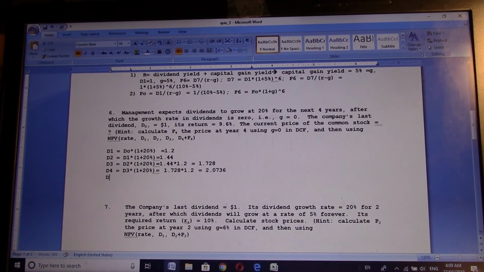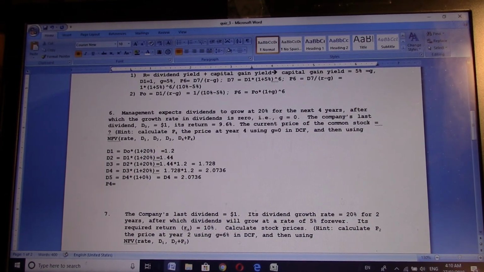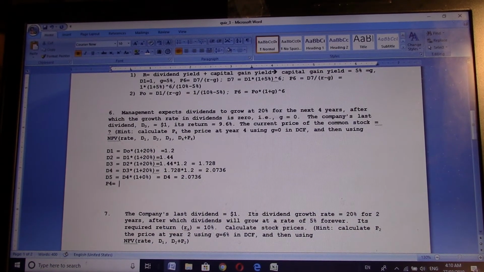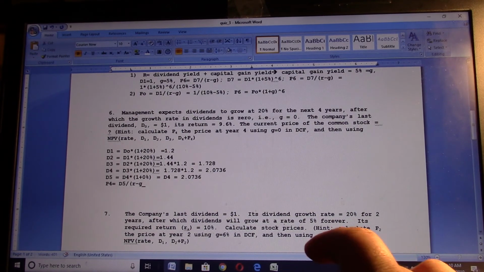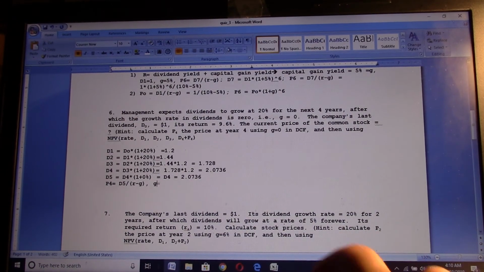Okay, now we need D5 to get P4. D5 in this case should equal D4 multiplied by the increase rate, which is 0%. That means D5 equals D4, which is 2.0736. Now, since we get D5, we can get P4, just like we use the dividend growth model to get P0. So it should be D5 over R minus G. But remember here, G is not 20%.